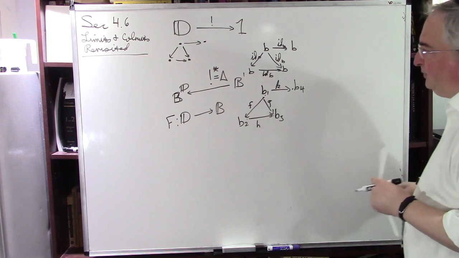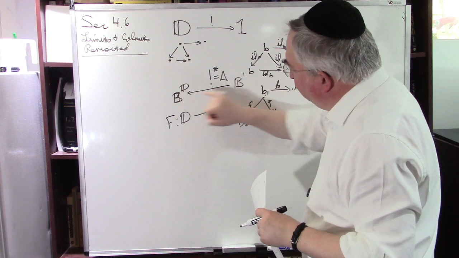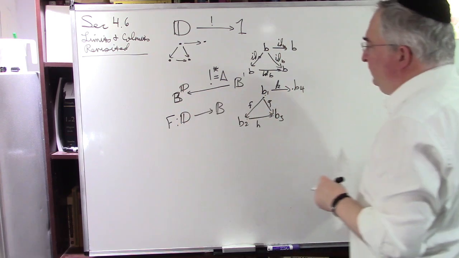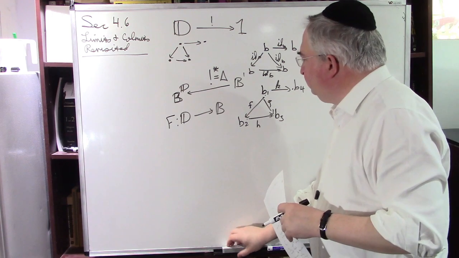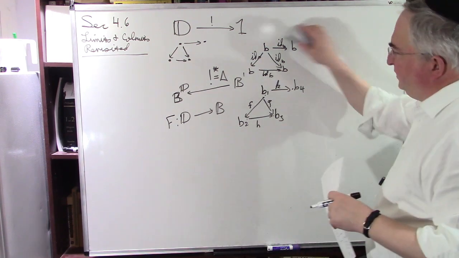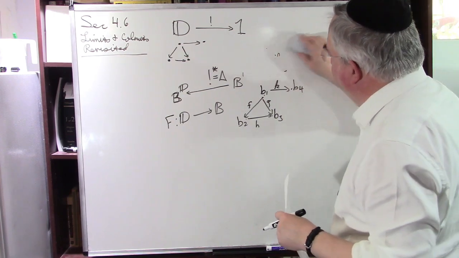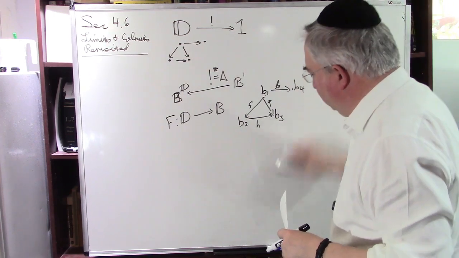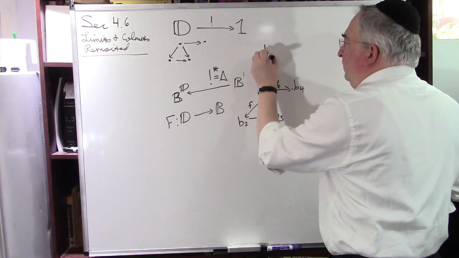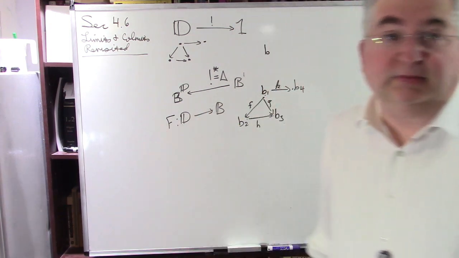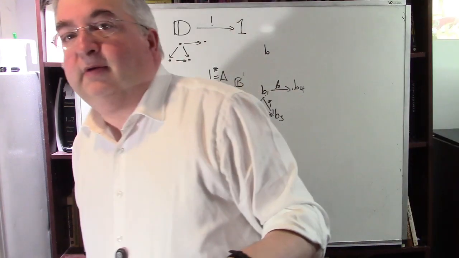And here is a typical element in the image of this functor. Now, this is a very cute diagram, but in essence, really what it is is just B. The identity morphisms are just identity morphisms. They don't change anything.